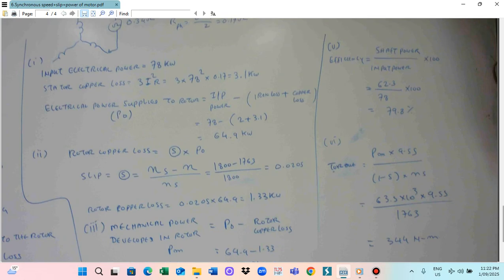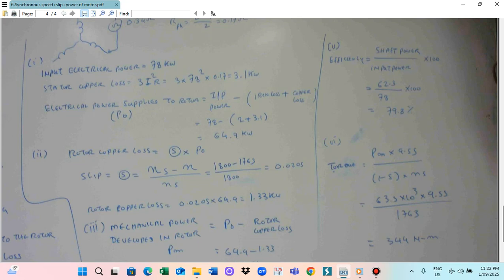And the final step is to calculate the efficiency. The shaft power is 62.3 kilowatt, and the input electrical power is 78 kilowatt. So efficiency equals shaft power divided by input power, multiplied by 100.